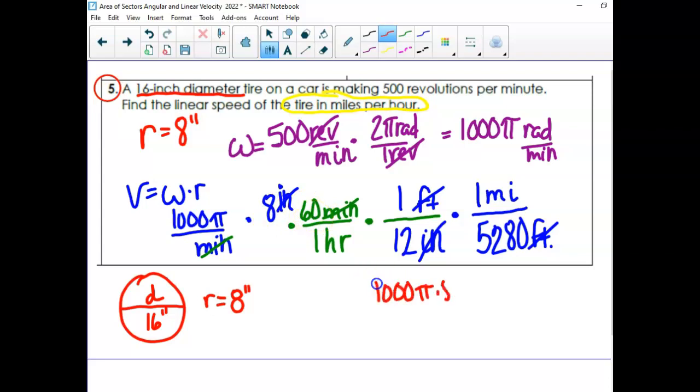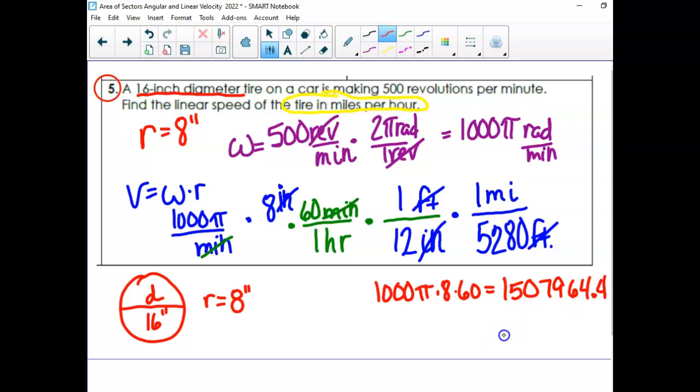1,000 pi times 8 times 60. It's a very big number, right? I'm just gonna say it's 1,796.45. Okay, we won't be worrying that far out.